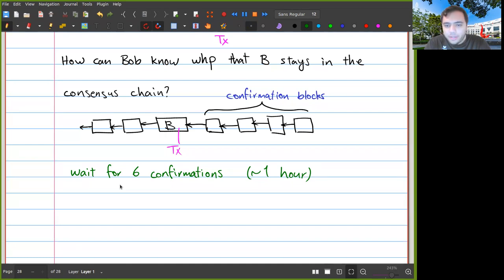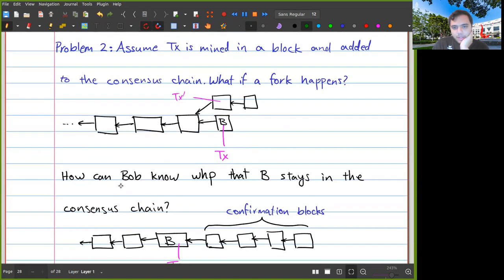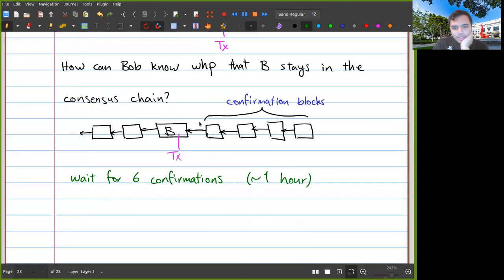But in the real world, if you want to just buy something small, this doesn't make much sense, right? You don't want to wait for an hour when you have other alternatives. For example, you have credit cards or payment apps that work basically instantly. So is this an overkill? Can Bob give up earlier? And the answer is actually yes.